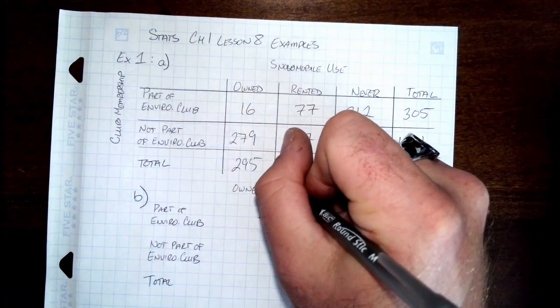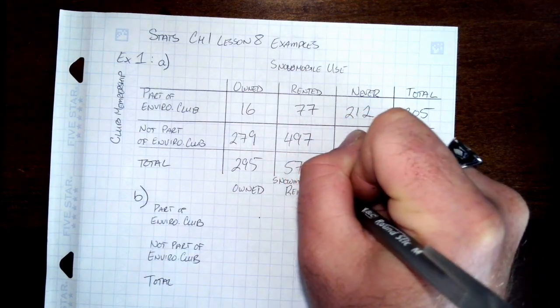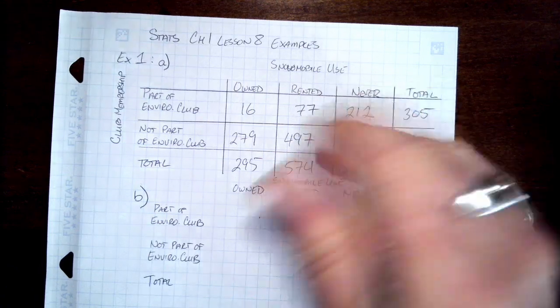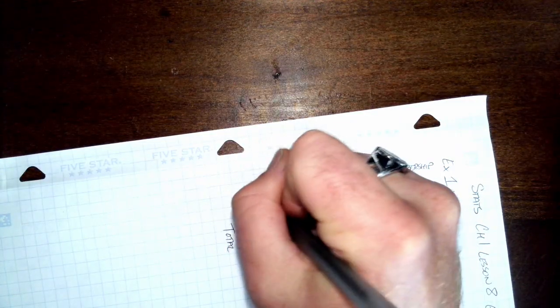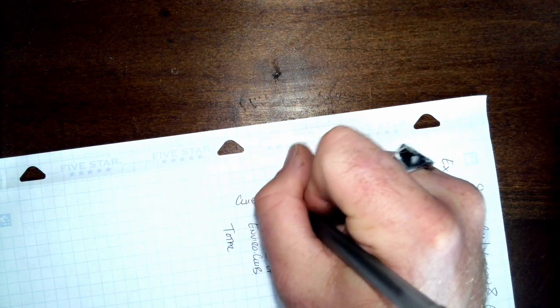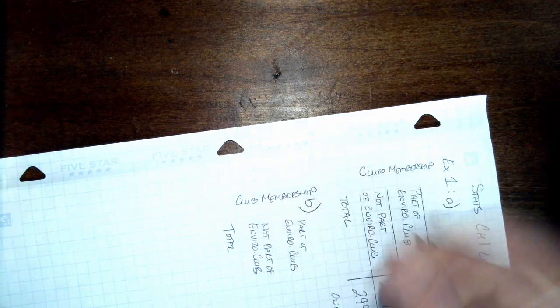So again, this is for snowmobile use up here, and club membership. Always need to label your axes and your variables.